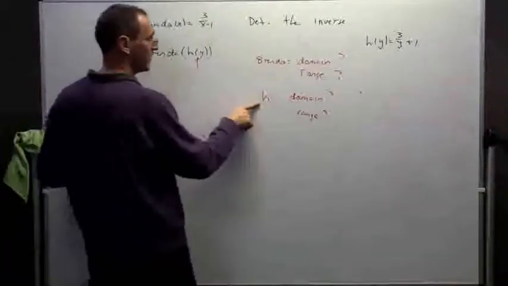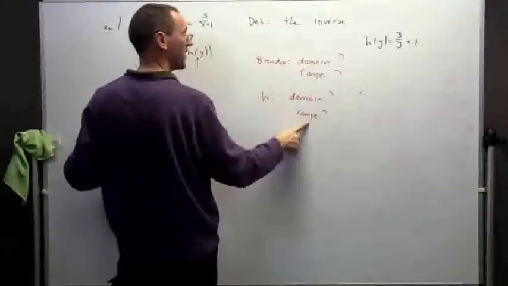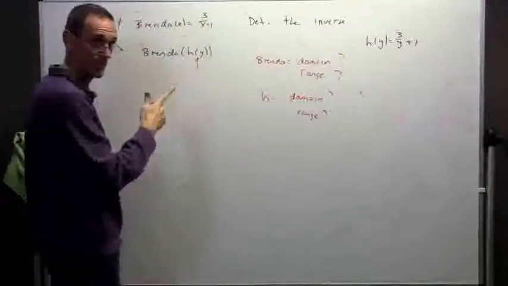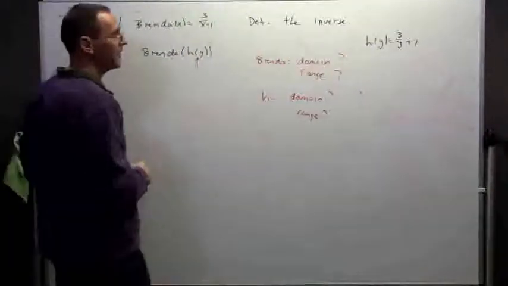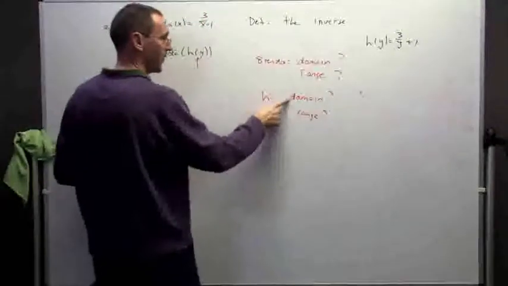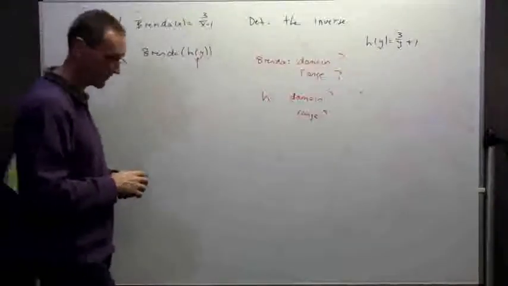So whatever comes out of here needs to go into the domain here. So this has to match up with that, and vice versa, this has to match up with that when we reverse that, okay? So I will leave that as a homework question to find the domain and range of Brenda and then the domain and range of this function h, and see how they match up, okay?